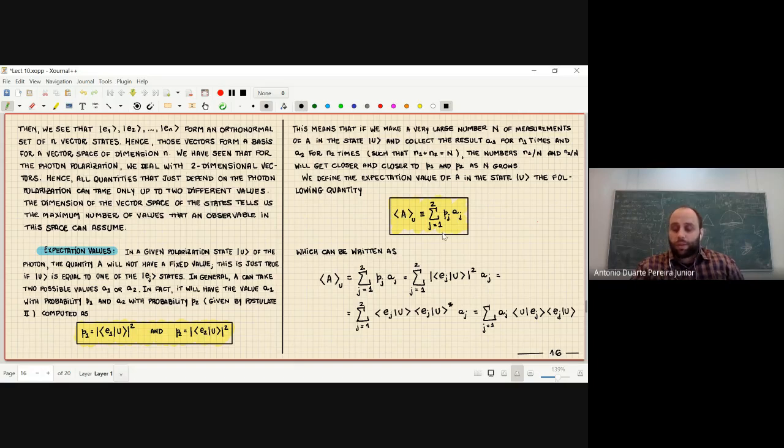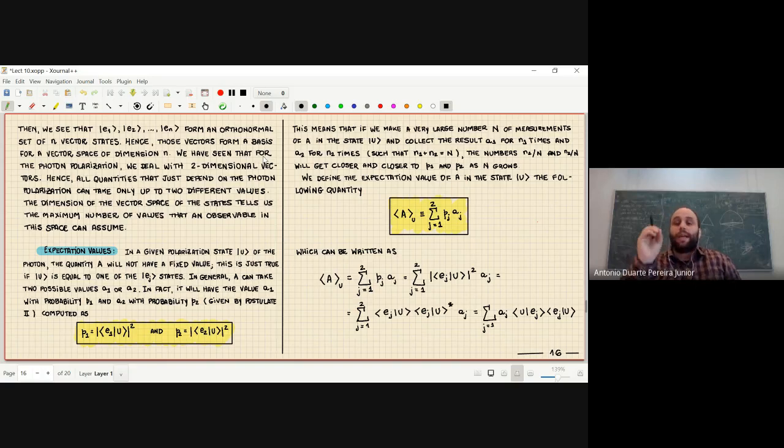And then you define this quantity. But be careful, this quantity gives you what we call the expectation value, which should not be confused with the value that you measure. If you make a measurement, you're not going to find the expectation value of A. You are going to find actually A1 or A2.